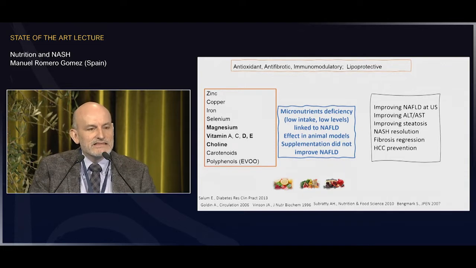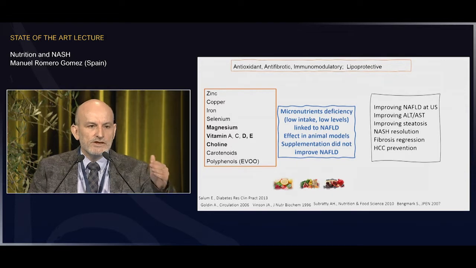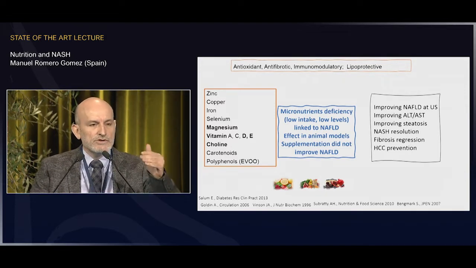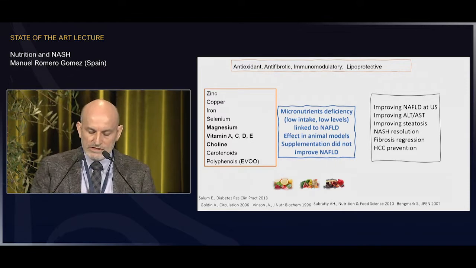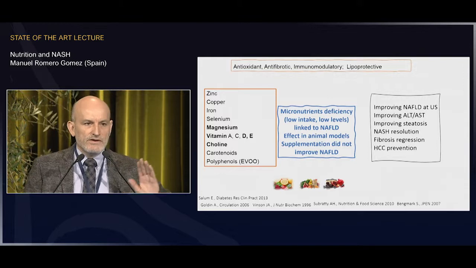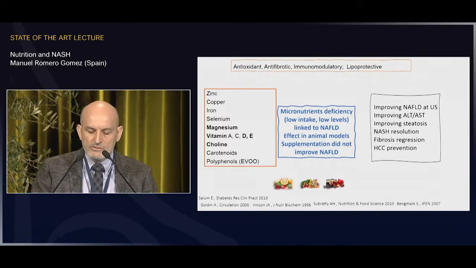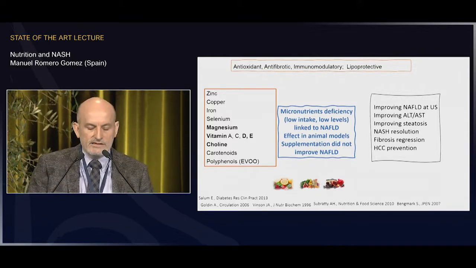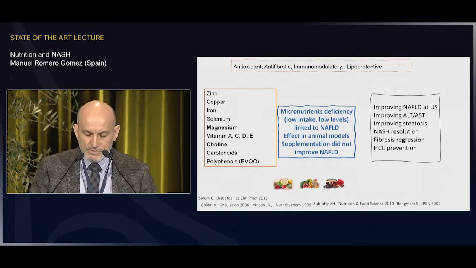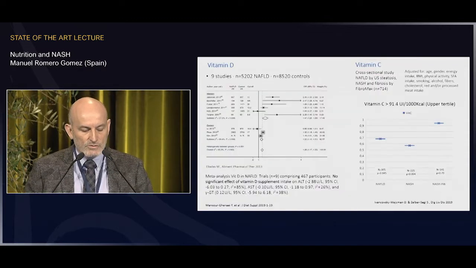But it's very common that when we move forward to supplementation of the diet with the different micronutrients, we do not reach a successful result, even when we use completely different endpoints, like improving steatosis by ultrasound or in the liver biopsy, NASH resolution, fibrosis regression, or the prevention of hepatocellular carcinoma.